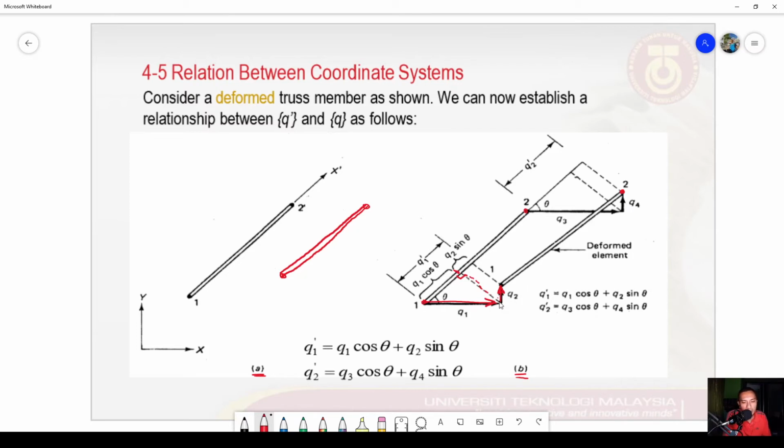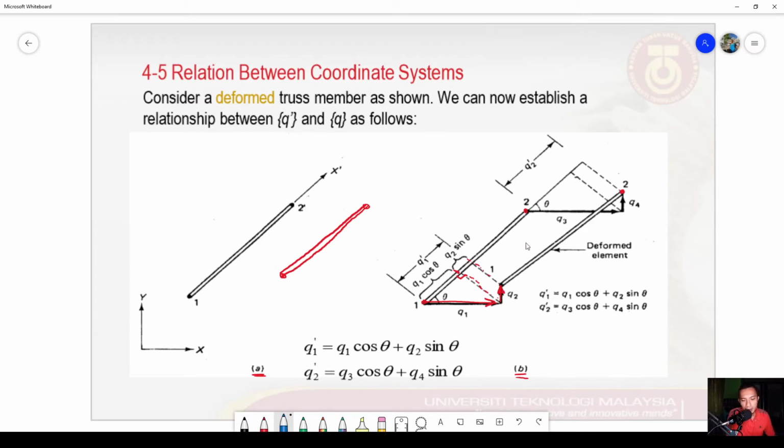Similarly for Q2, if we project this onto the structure in the initial position, then we will find that the amount of Q2, if we view this in the local coordinate system, is equivalent to Q2 sine theta. So how can we get this value?